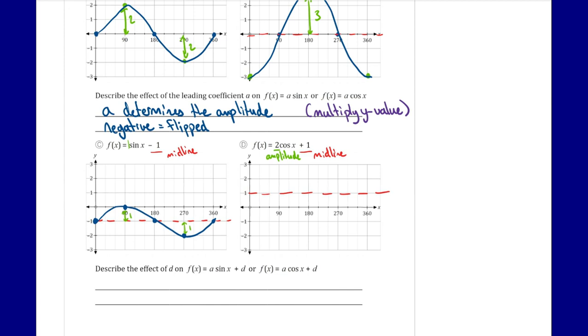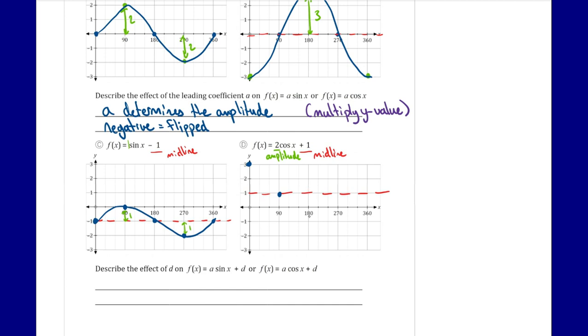Nothing else has changed except for the amplitude. And if we go back to our base function for cosine, we do start at our maximum. So that means my maximum needs to be 2 units above the midline. So 2 units above 1 is 3. Then going through my key points, at 90, I'm at my midline.